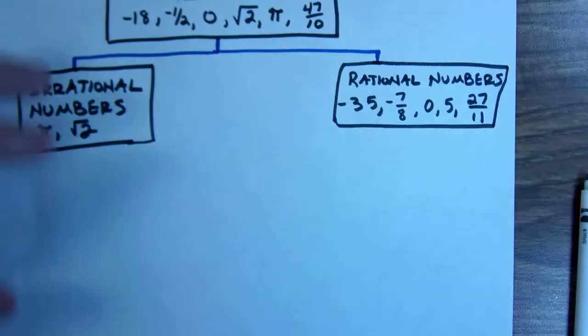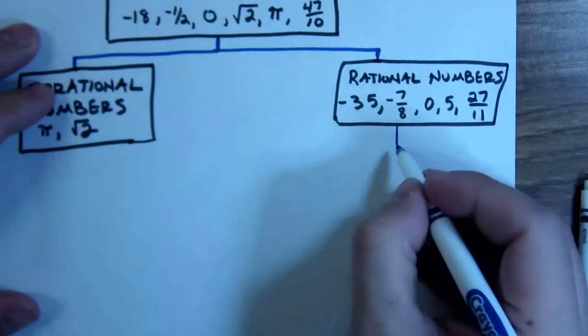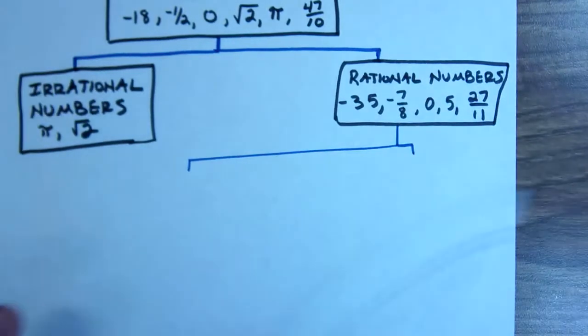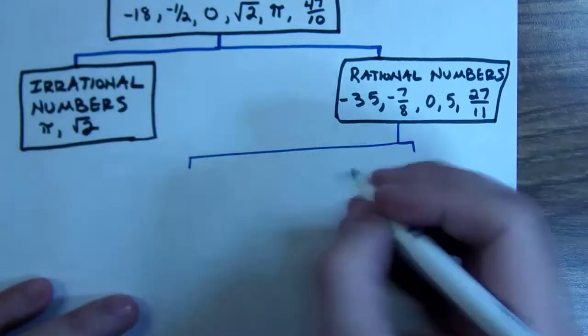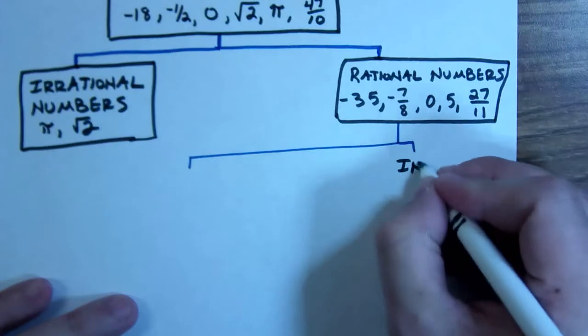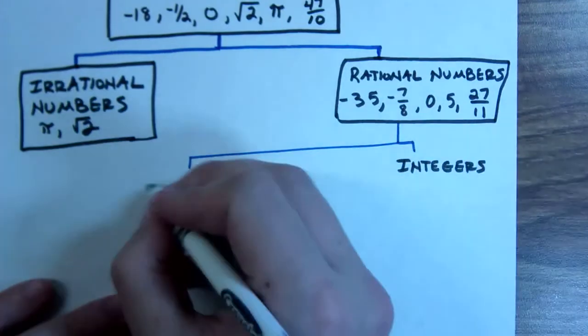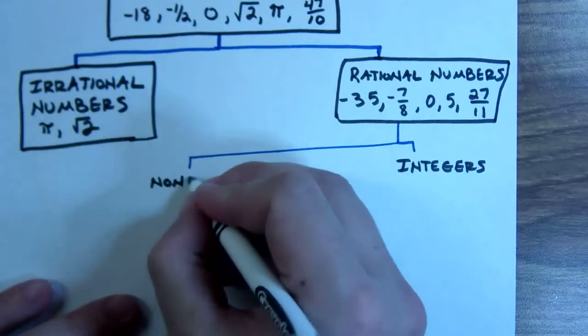Rational numbers also split into two different groups. Rational numbers split into integers and non-integers.